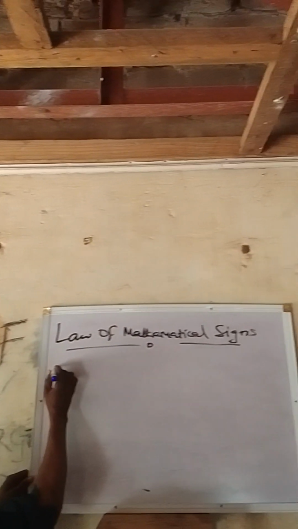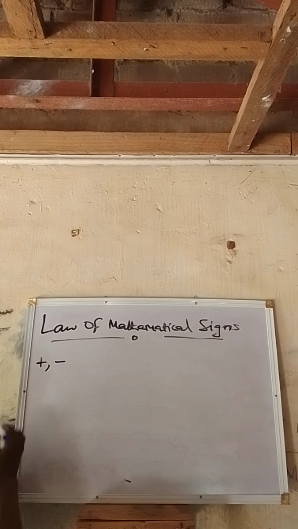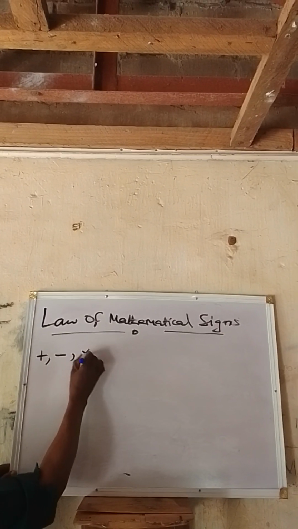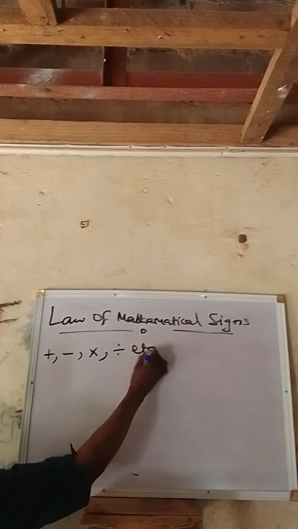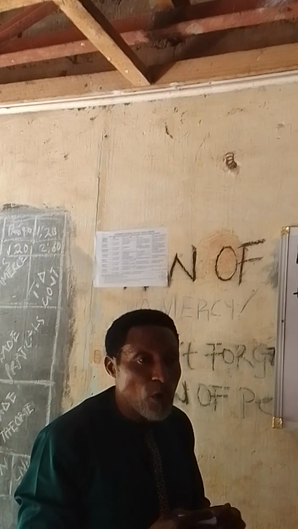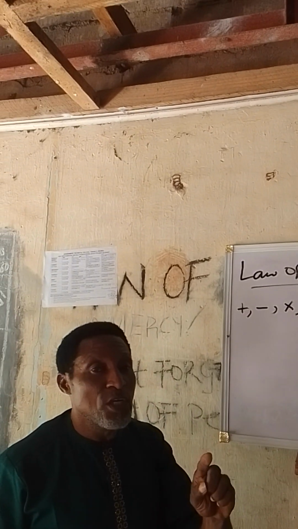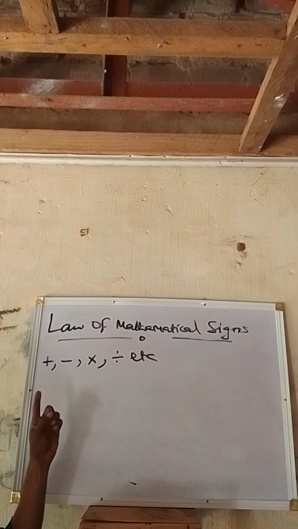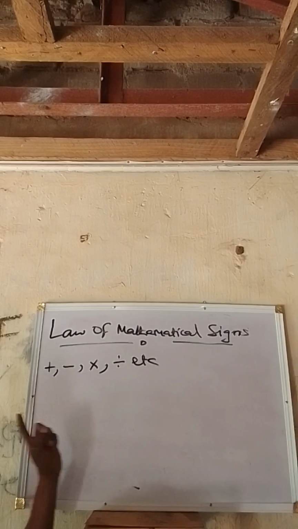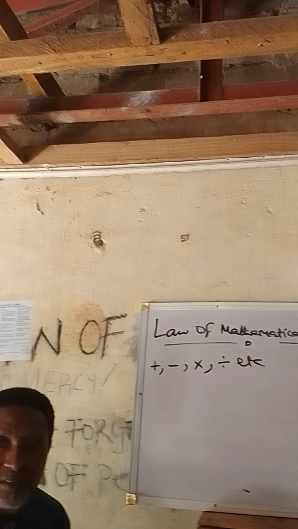We have addition, subtraction, multiplication, division, and so on. So basically what we are going to be looking at are these basic signs in mathematics. If you can manipulate these signs, we are going to make headway in mathematics. So we are going to look at certain laws guiding these signs.